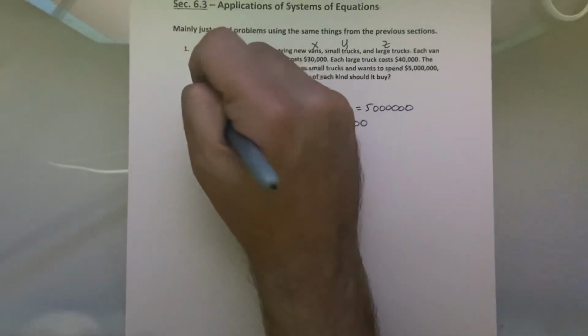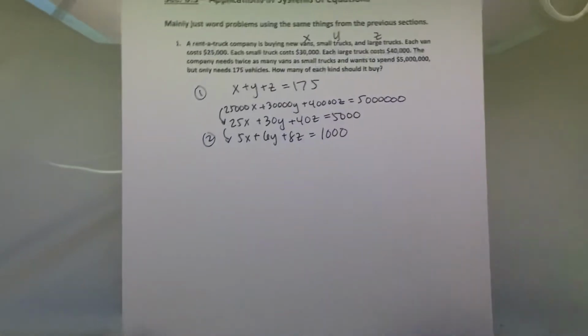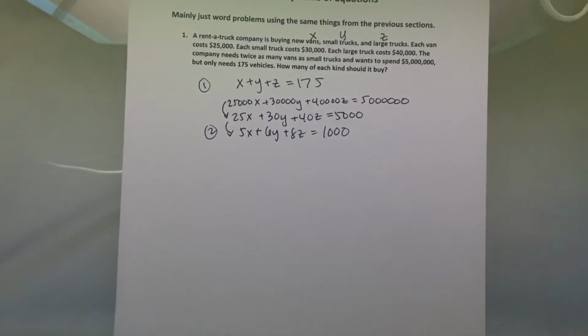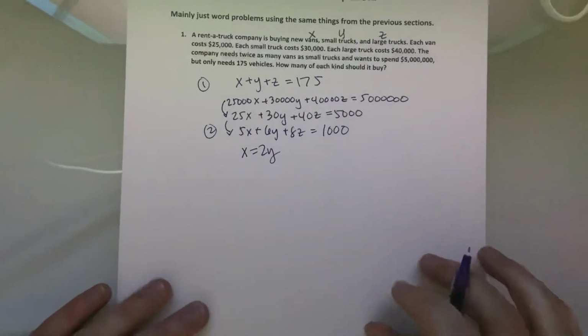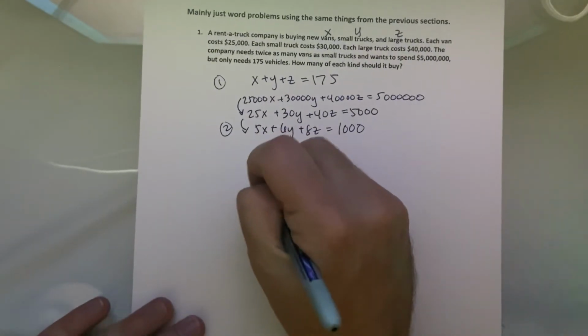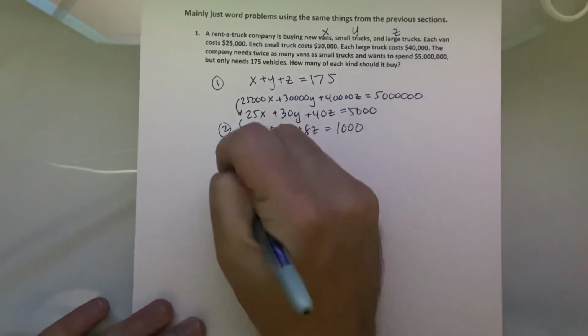Okay, so I have two equations. My third one comes from this relationship. The company needs twice as many vans as small trucks. That means X is twice as big as Y. So X equals 2Y. If I want that in standard form, that's X minus 2Y equals 0.